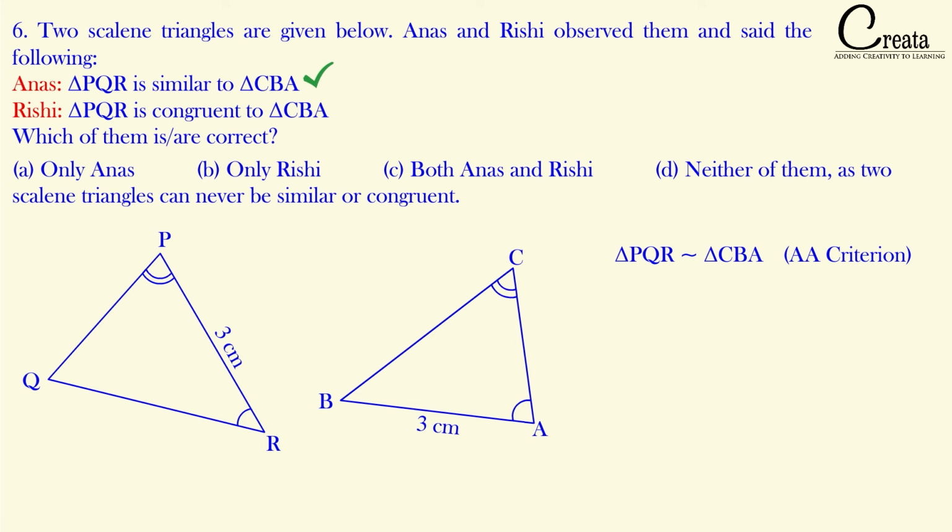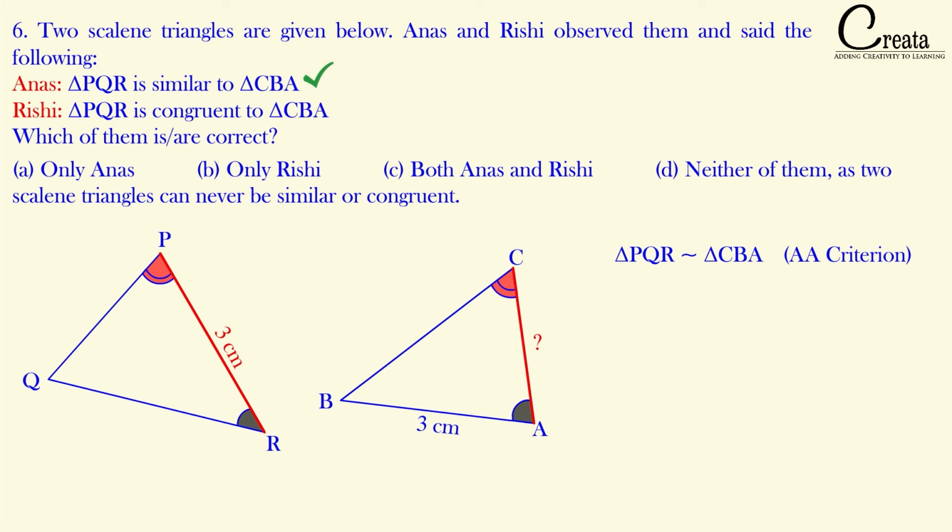Let's check whether the two triangles are congruent or not. Here the side PR in triangle PQR is given as 3 cm, which is the side between angle P and angle R. Angle P corresponds to angle C and angle R corresponds to angle A. So the side between these two corresponding angles, PR, corresponds to side CA, which is not given in this question.